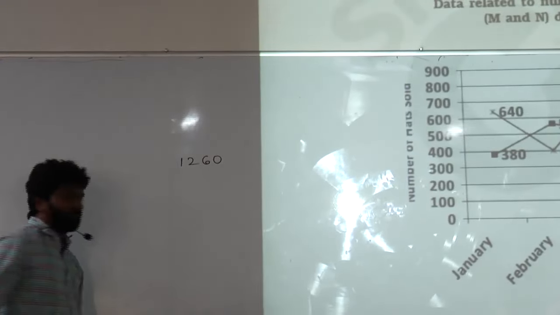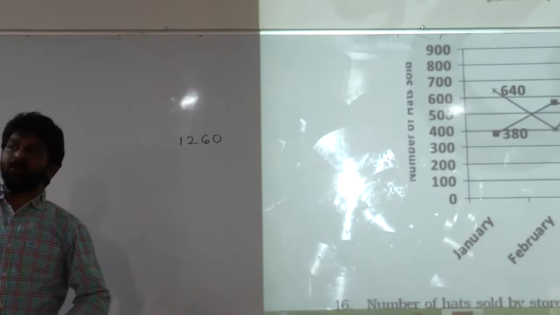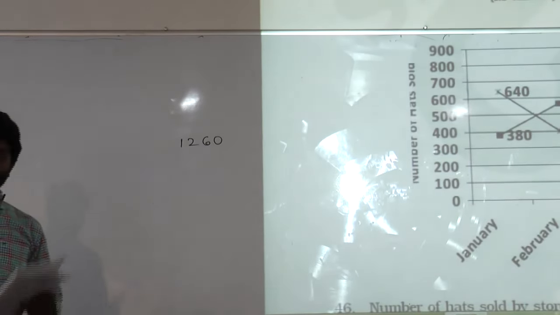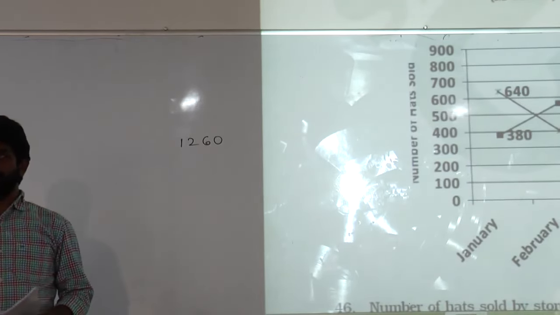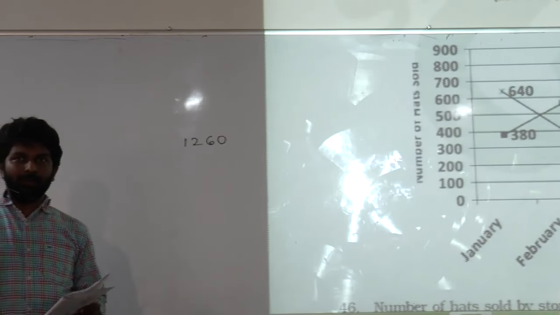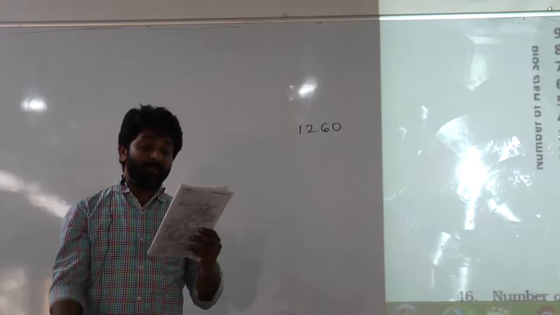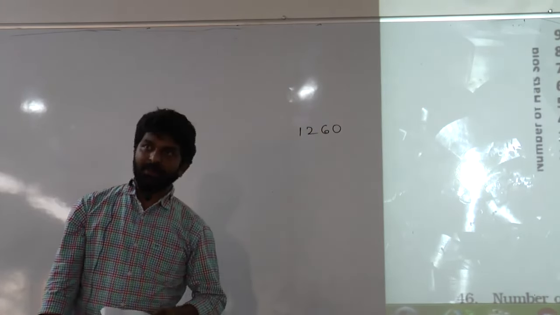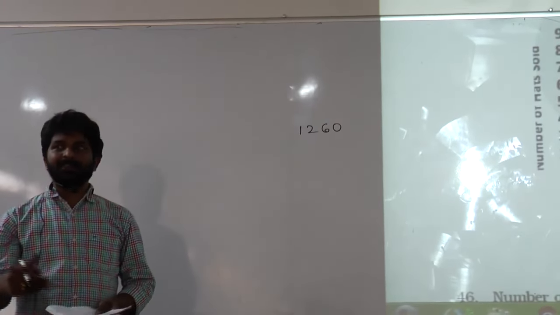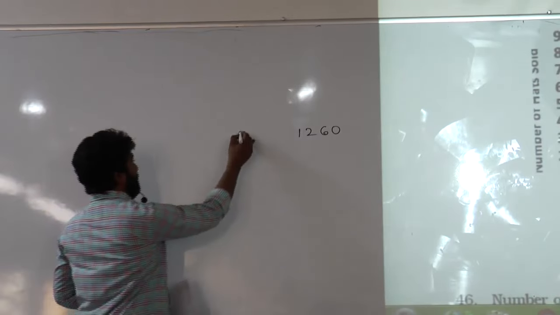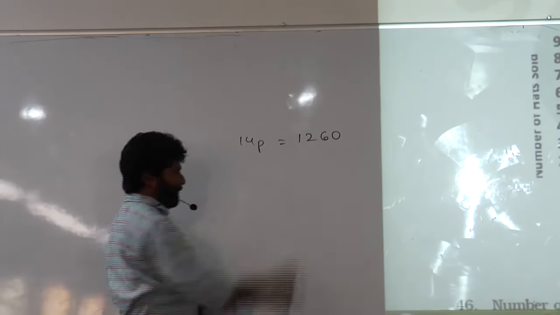The total number of hats is 1260, which are from stores M and N together. Both the stores have only 2 types of hats, and those hats were in the respective ratio 9:5. So 9 parts and then 5 parts. Total how many parts? So 14 parts is equal to this much.